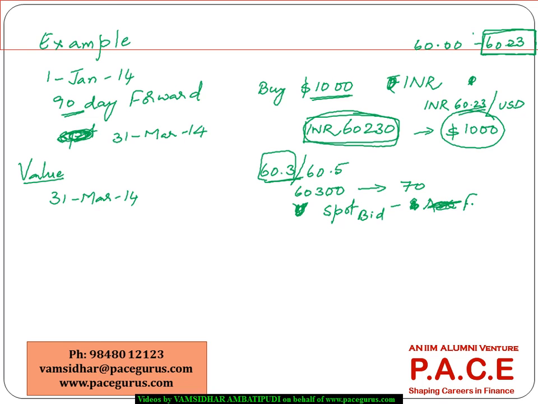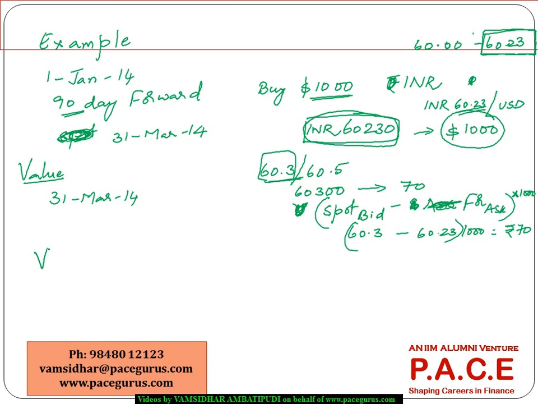On the day of entering the forward contract, whatever was the ask, that difference multiplied by whatever is the base currency we are talking of, that is the contract size, that would be the profit or loss. So 60.3 minus 60.23 multiplied by 1000, which is 70 rupees, is the profit in this particular transaction.